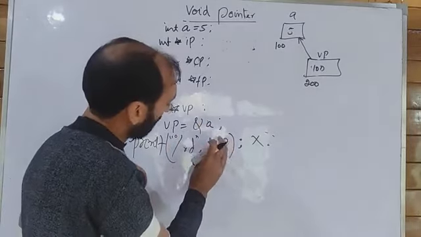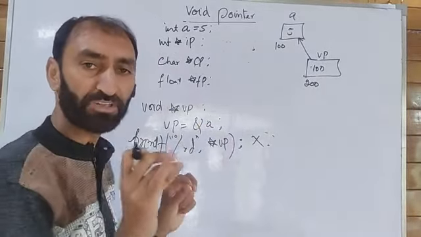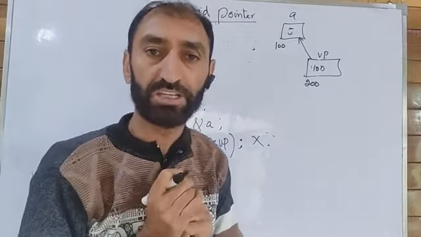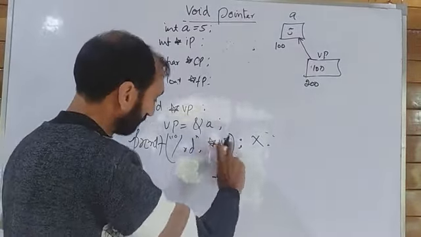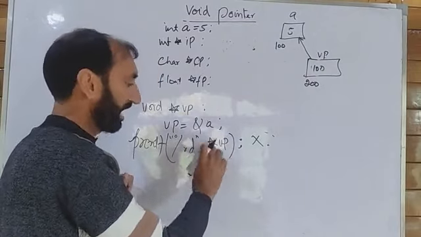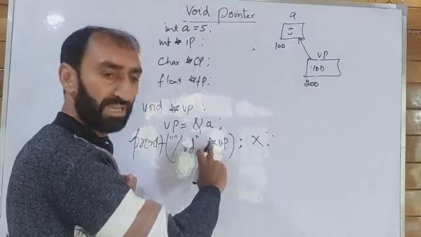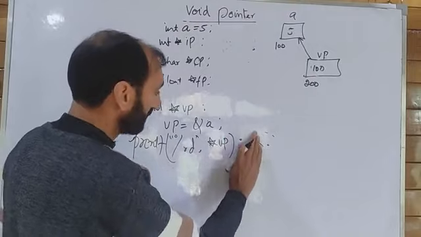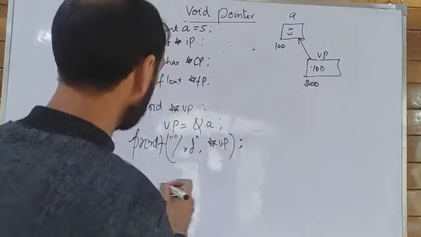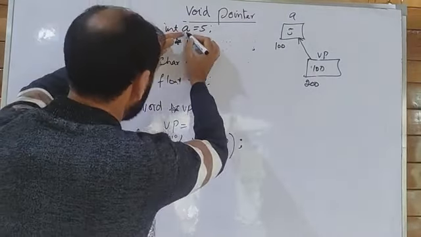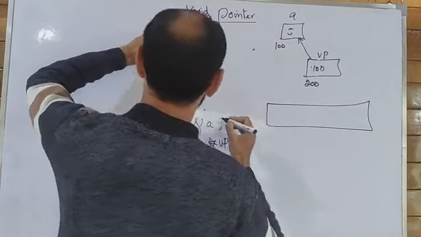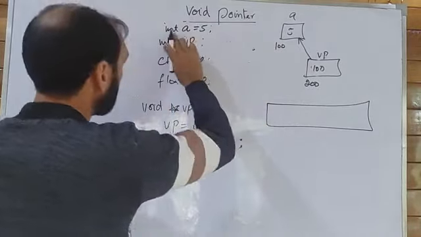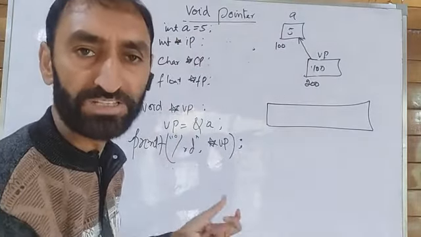Why can't we use the dereferencing operator with a void pointer? Because, for example, int a is a variable, and a is a variable of type integer.